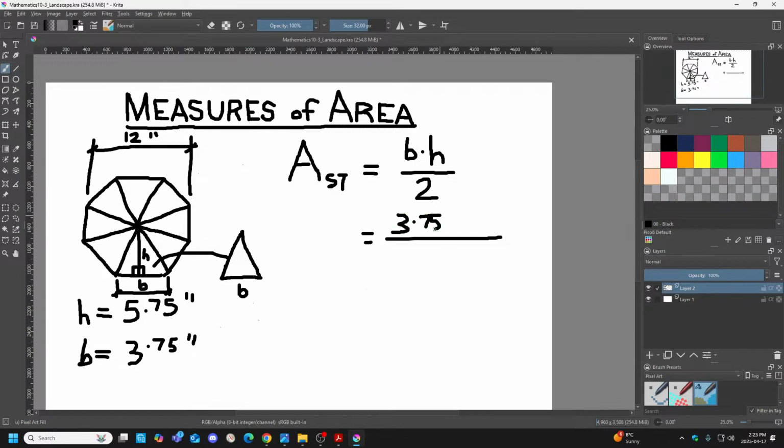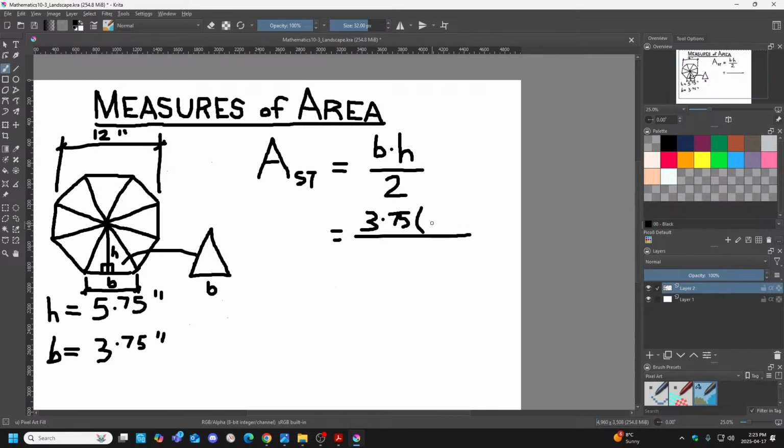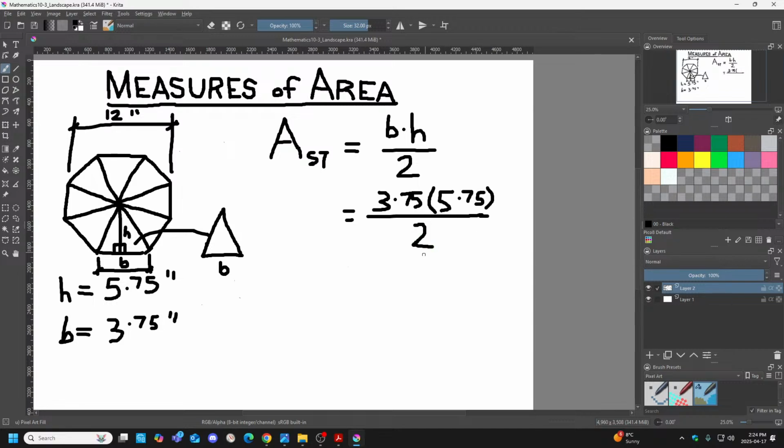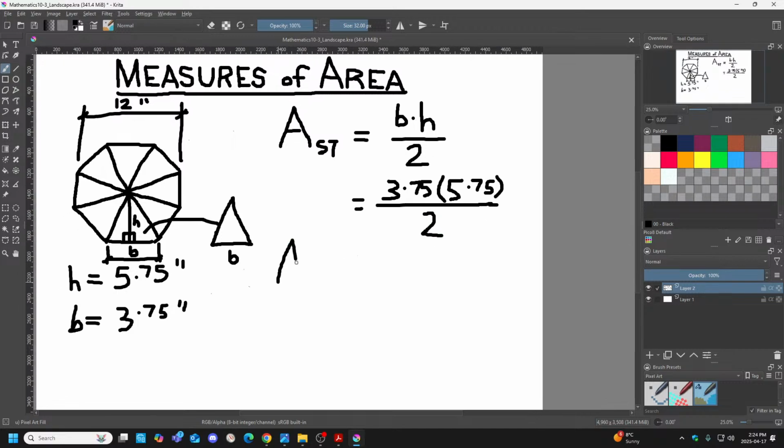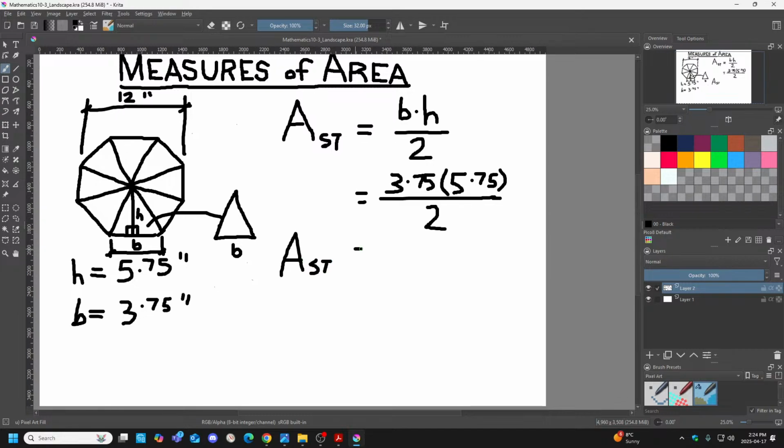I'm just going with some other random numbers. I don't have an answer for this, so we have to make sure we get it correct. Shaded triangle, I think, is what we used.